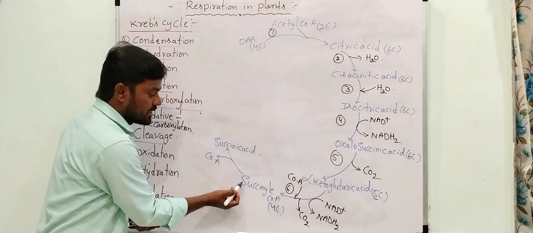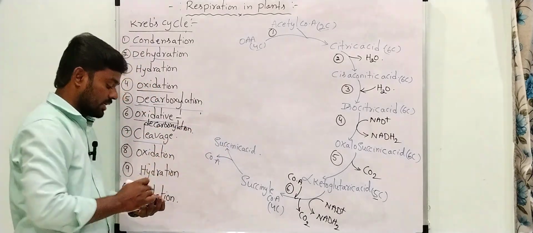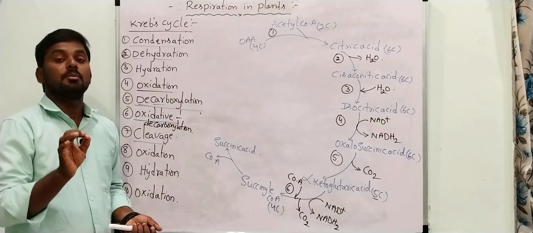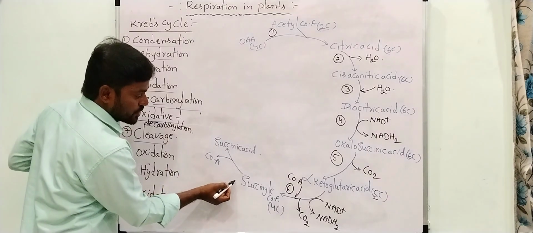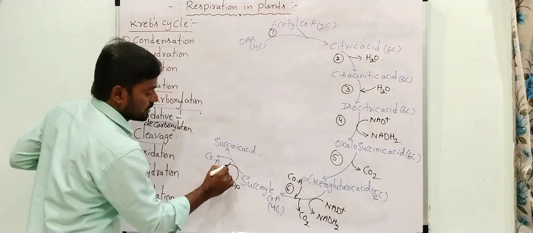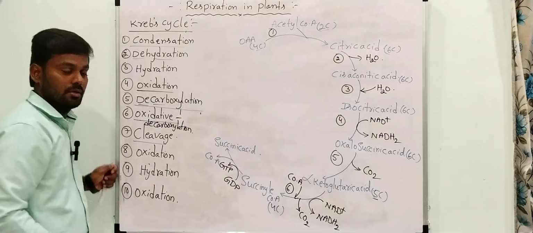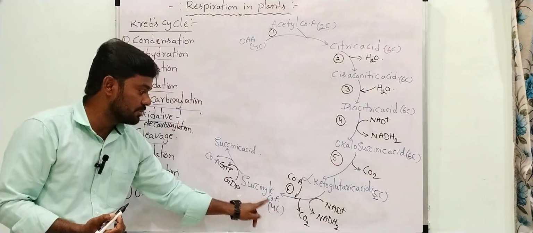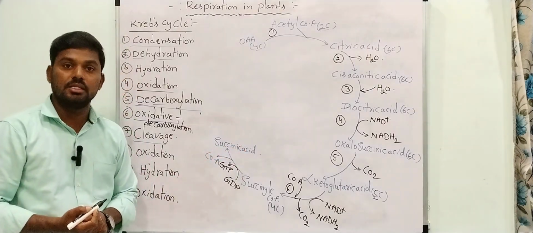So succinyl coenzyme A is changed into simple succinic acid. In this reaction, some energy is released. This energy is used to convert GDP into GTP.